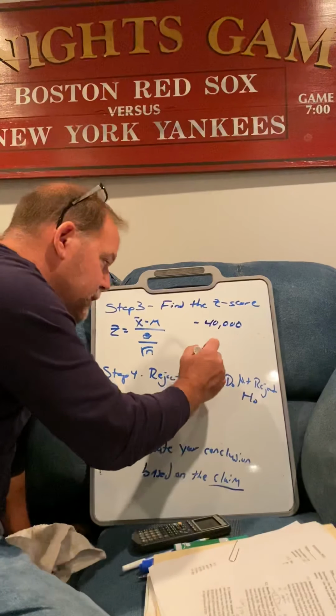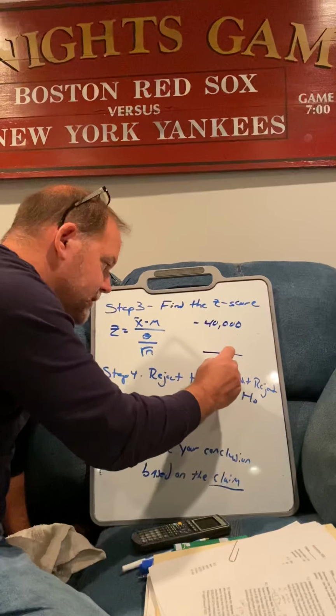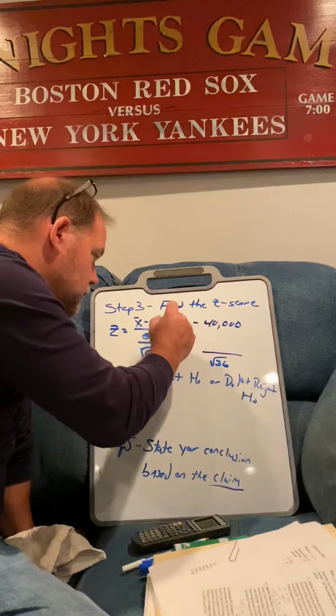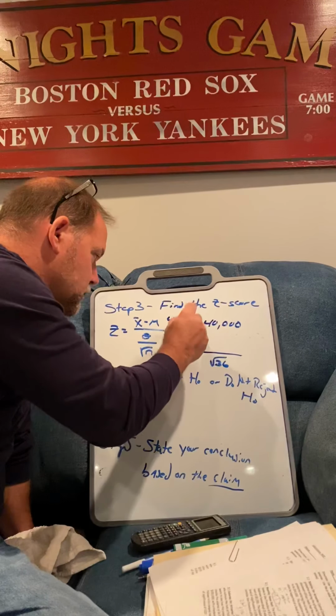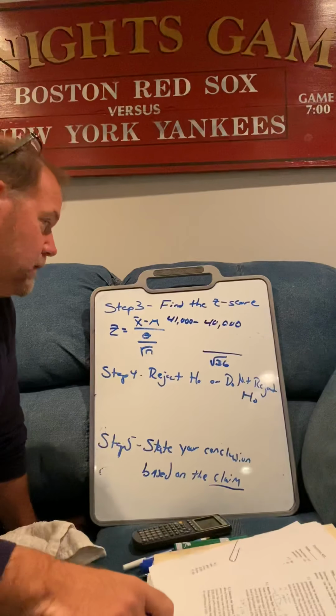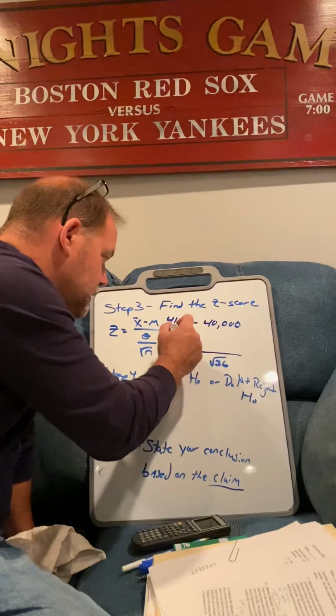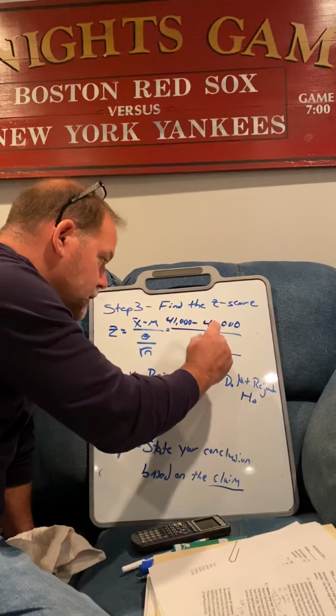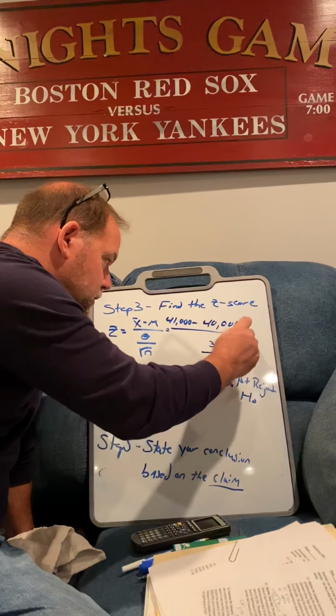So in her research, the sample size is 36. Those 36 people were making $41,000. So again, sample mean. And the last piece, the standard deviation they told us was $3,000.